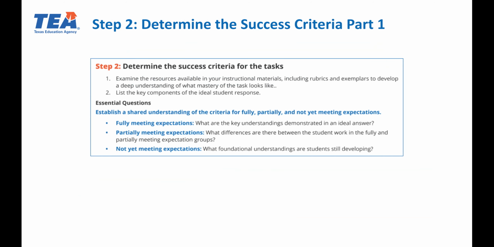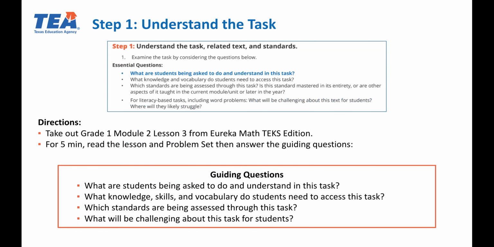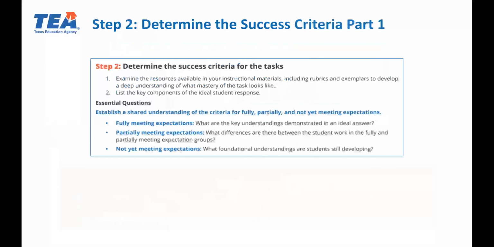All right. So let's dive into step 2. Determine the success criteria for the task. This is when we will determine, with your grade level team, in your PLCs, or on your own, based on this task, what is the criteria for fully meeting expectations?